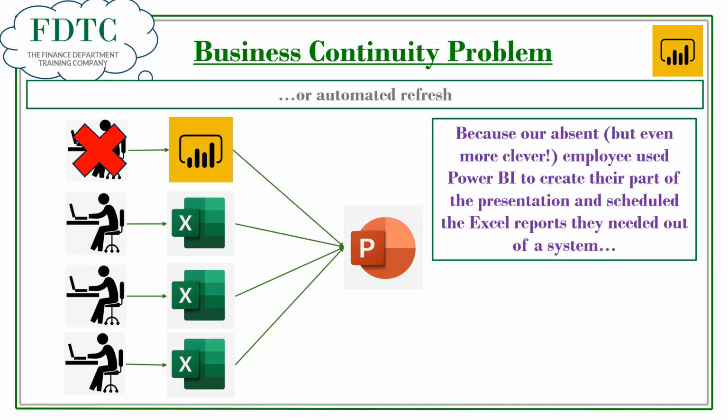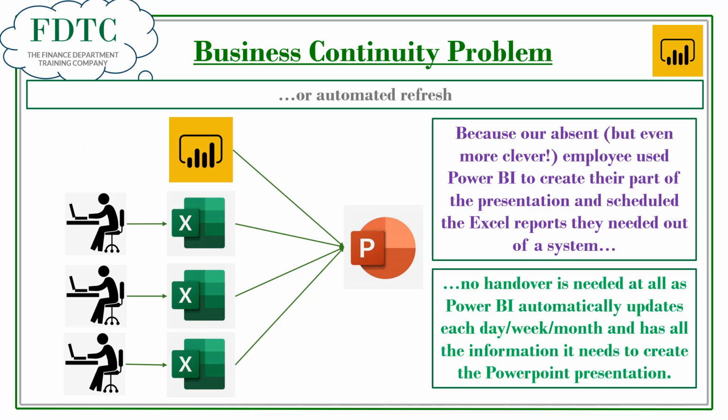Now, in this scenario, because our absent but even more clever employee uses Power BI to create their part of the presentation and schedule the Excel reports that they need out of a system, when the employee disappears, no handover is needed at all, as Power BI automatically updates itself each day, week, month, whatever it is, and has all the information it needs to create the PowerPoint presentation. Whoever is responsible for creating the overall PowerPoint presentation can simply go to the Power BI report and export the slides that they need for their own deck.